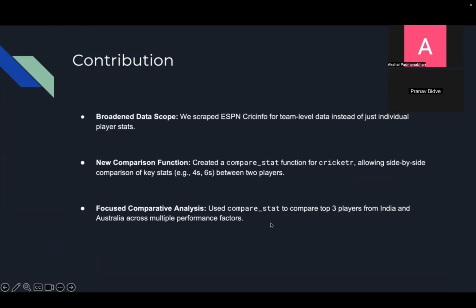We recognize that a key limitation of the cricketr package was its focus on individual player analysis, with no easy way to directly compare multiple players. To address this, we expanded the data scope by scraping the ESPN Cricinfo team level data, moving beyond just individual stats.